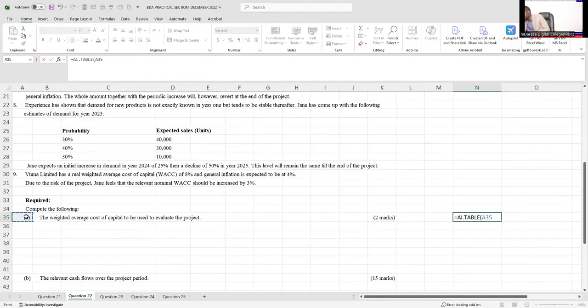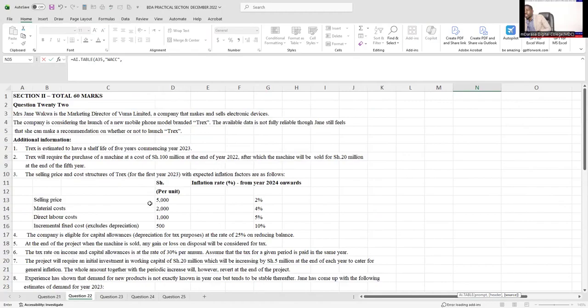And in this case, this simply, of course, the weighted average cost of capital to be used. In this context, we're having the source data. What is our source data? These are source data. So I'm going to highlight our source data up to that point.